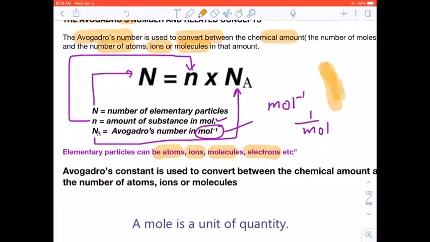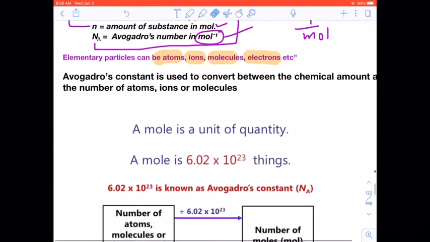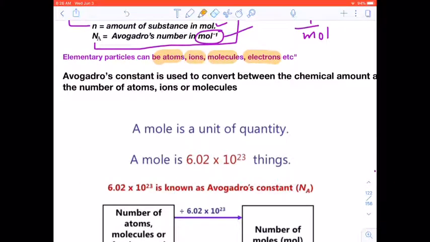So, a mole is actually a unit of quantity. I have mentioned in the previous video, it's a counting number.